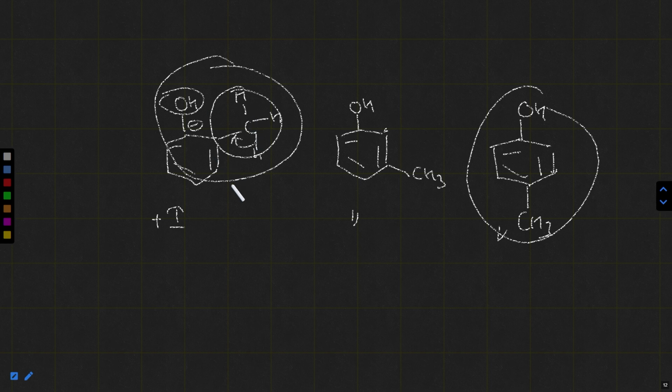Plus we have hyperconjugation, and hyperconjugation is for both this and this. This is not for your meta. If you hyperconjugate this, you will see that it increases the negative charge here, here and here, similar to your resonance, but this negative charge is not that much pronounced.